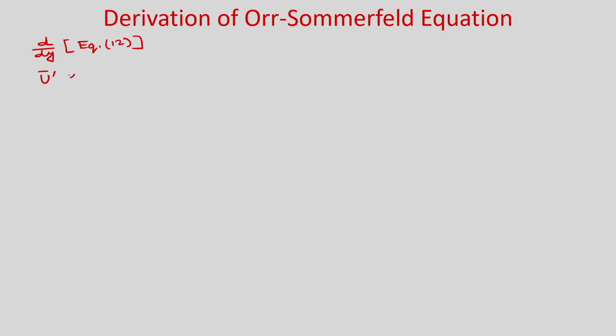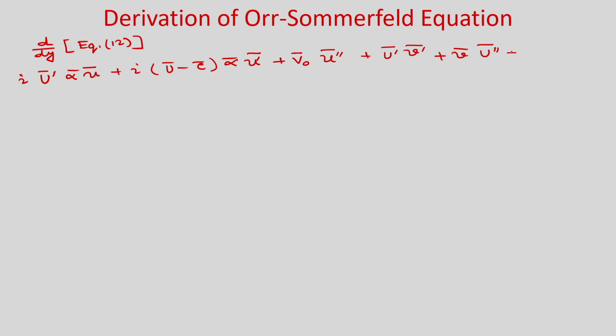So, now if we do d of dy of equation 12, then we will get u prime bar alpha bar u bar plus i u bar minus c bar alpha bar u prime bar plus v naught bar u double prime bar plus u prime bar v prime bar plus v bar u double prime bar plus i by rho alpha bar p prime bar is equal to, in the right hand side we will get nu bar.